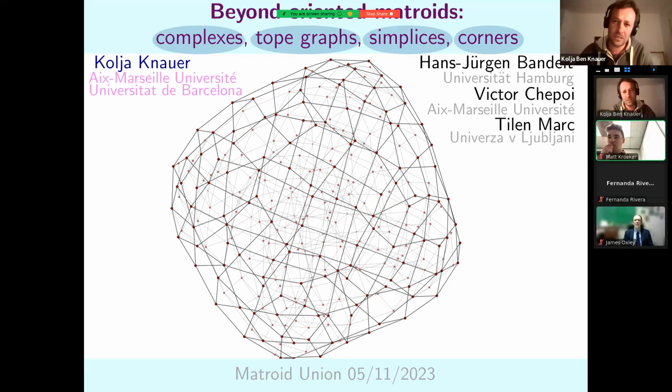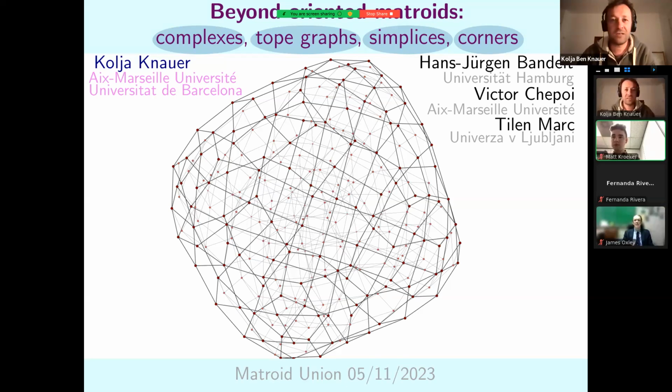And then I will very quickly talk about two applications of tope graphs in this area. One is about simplicial cells in oriented matrices, and the other is about corners in complexes of oriented matrices. I'll explain later what this means.